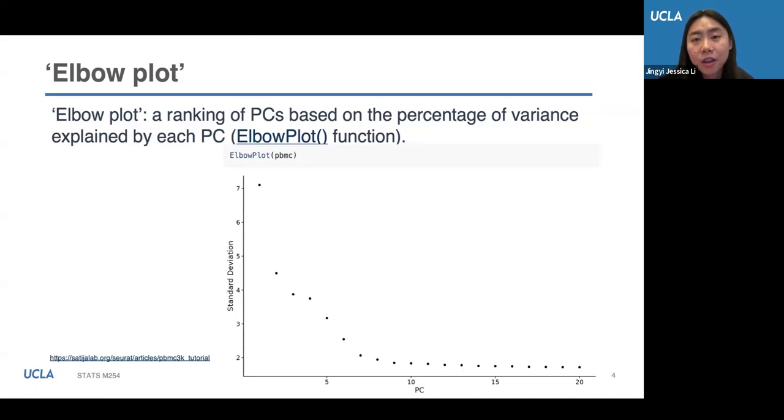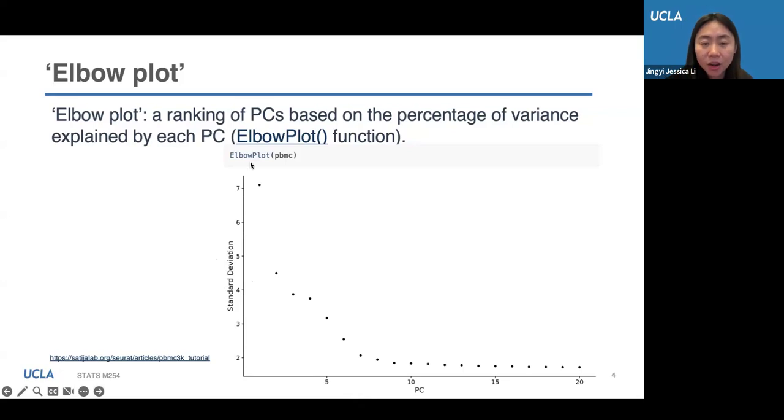They are the weights of the original features, while the z's, the projected data, are the PCs. So in other words, PCs are data, while the loadings are the map from the original features to PCs. That's the difference. So here we're computing the standard deviation, which is the square root of the variance of my n data points in each PC.